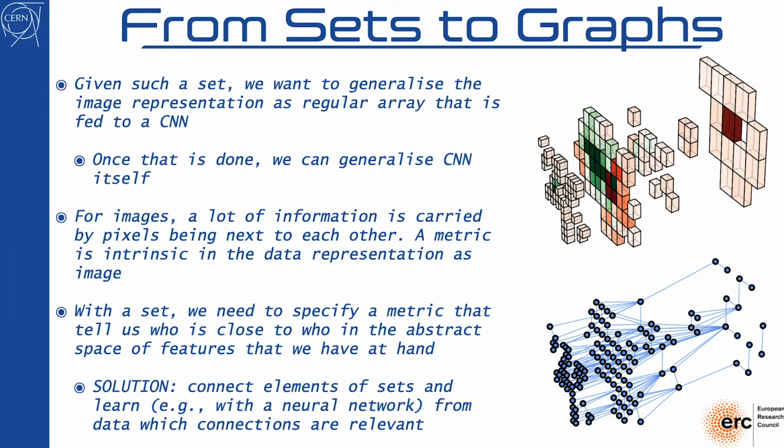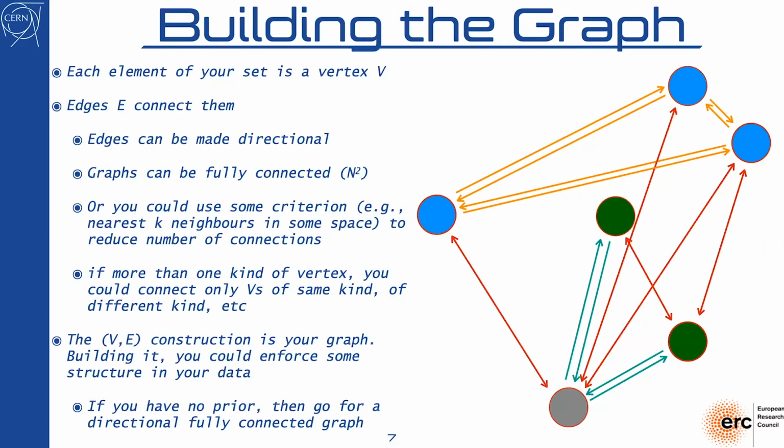It uses something called an adjacency matrix, which is something that you learn, a matrix in which you fit the first n neighbors of your given item according to this metric that you want to learn. So the idea is that you connect the elements with some metric that you express as a neural network, and then you train the neural network to learn the optimal metric.